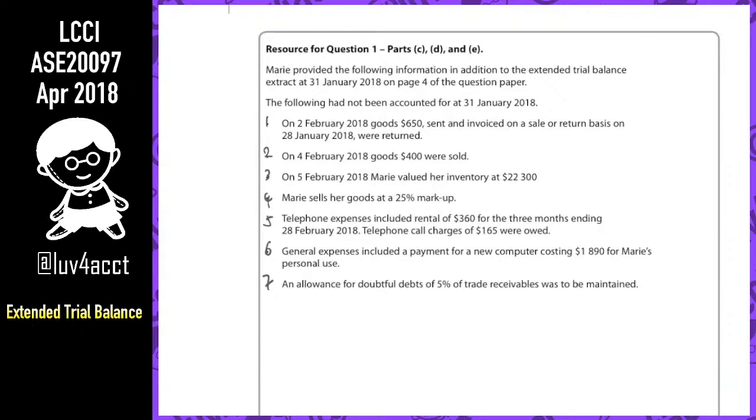So goods were returned. This one is not stated clearly that by the end of the year we haven't counted, not accounted for. So these are goods sent on sale or return basis, 650. It should be our inventory, added to inventory, 650.